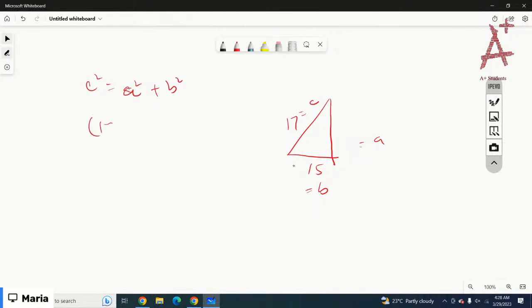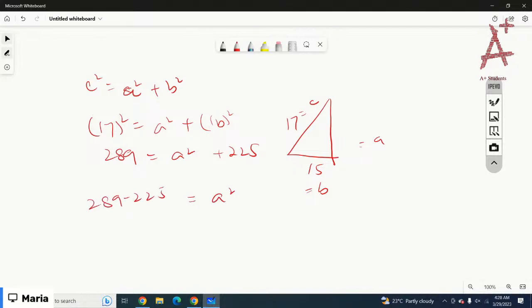C is 17, so it is 17 square equals A square plus B, which is 15. 17 square is 289 equals A square plus 225. So A square equals 289 minus 225. Got it? That would be 64. So A equals 8. Got it?